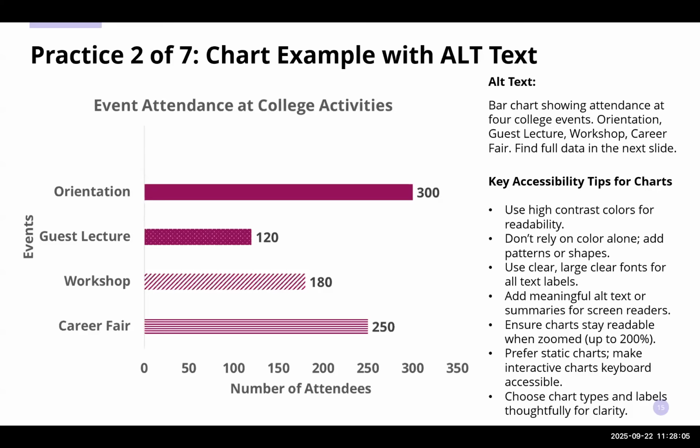Add patterns, labels, or symbols to convey meaning, because if any information is provided only through color, people with color blindness could miss that major information. Use clear, large fonts to help readability on all devices.